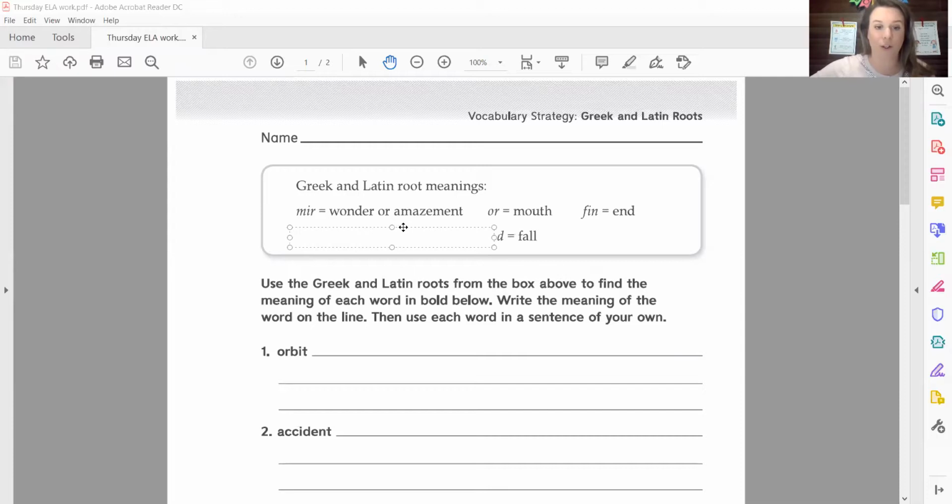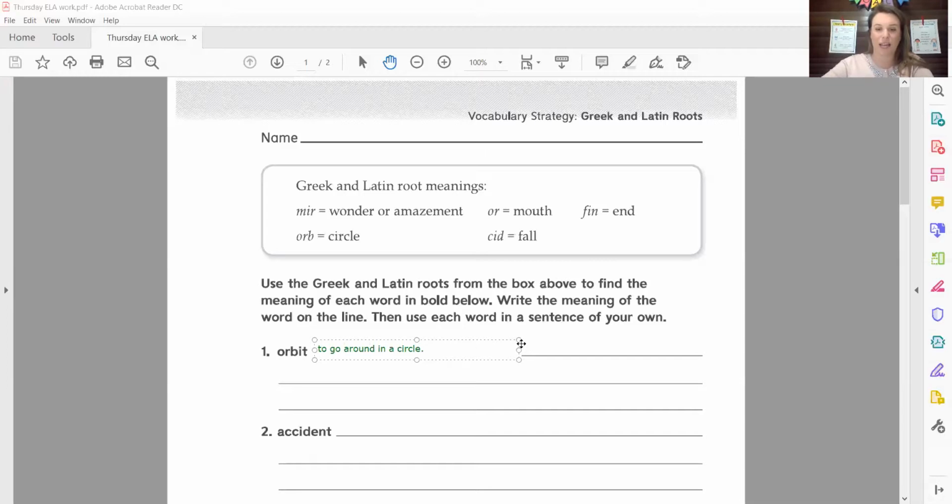If he was the first one to orbit Earth, that means he was the first one to go in a circle around the Earth. I'm going to write it down because I stopped and I thought about it. Orb means circle, and when you orbit the Earth, it's a circle, so you must be going around it. So orbit means to go around in a circle.